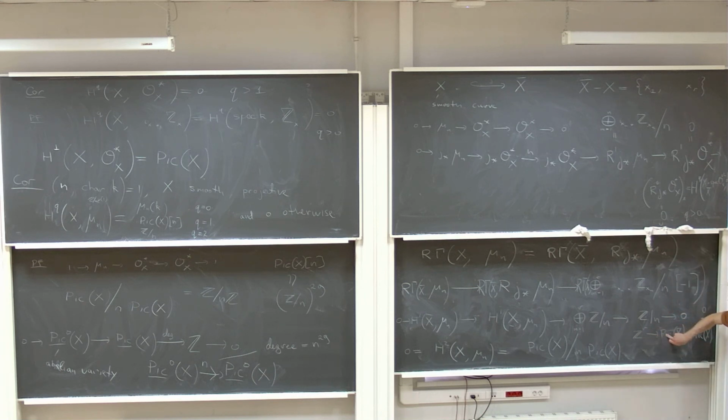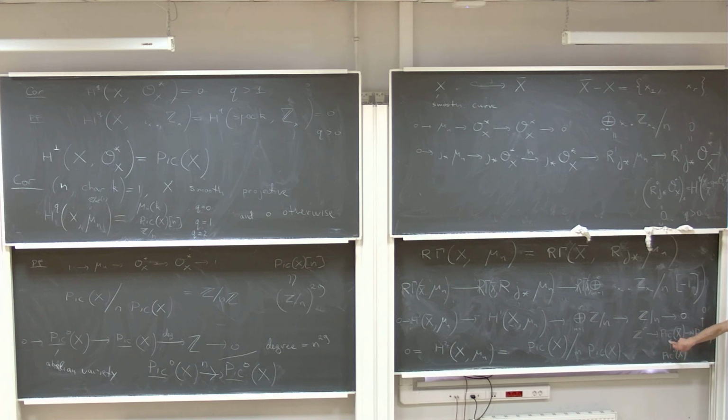This map takes a combination of integers to the divisor supported at x_i. And here I have Pic 0 of X bar. This map is surjective, but I claim that even this map is surjective. Why is that?